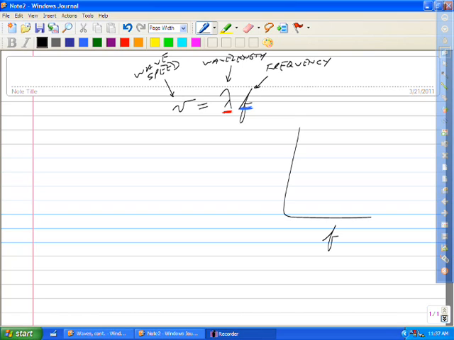And then you measured what? The wavelength. The wavelength. And the way you did that is you set up a wave in a column of air that looks like this. The bottom of the column of air was the water, and so it was closed.